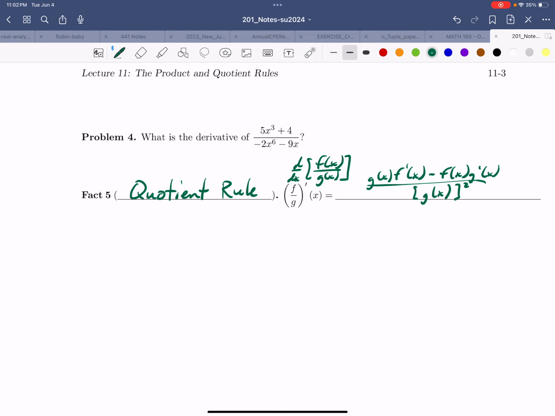Right? So note that unlike the product rule, there's a minus sign here, so the order does matter. That said, it's somewhat similar to the product rule, right? You just have to be a little careful.